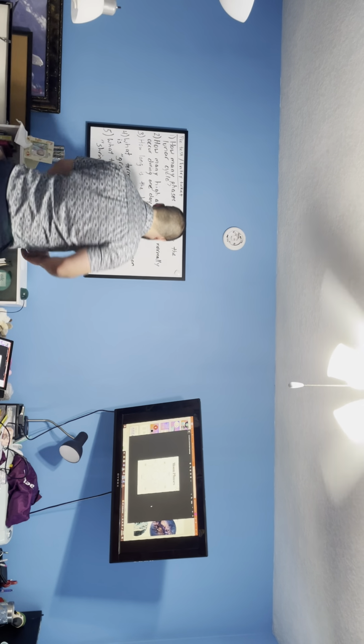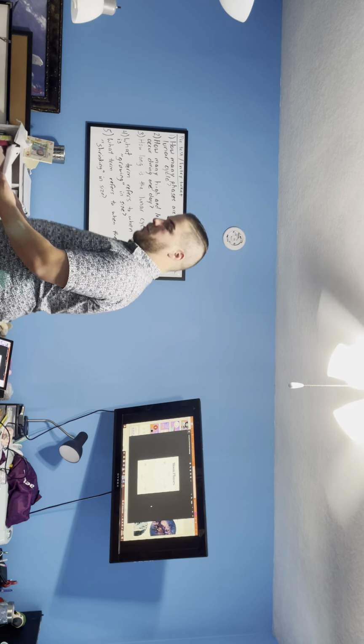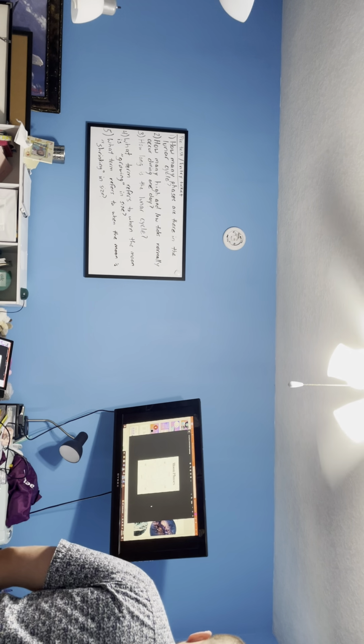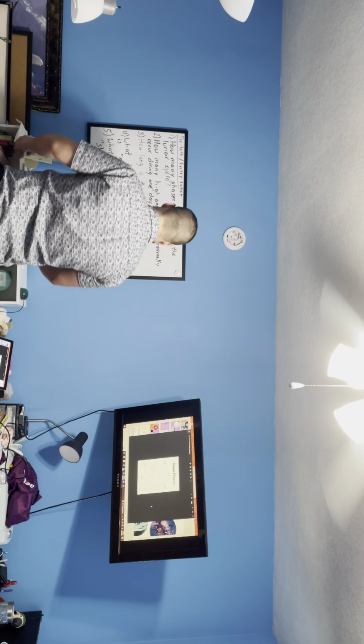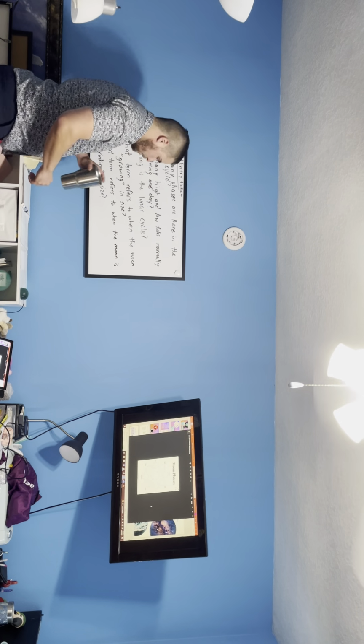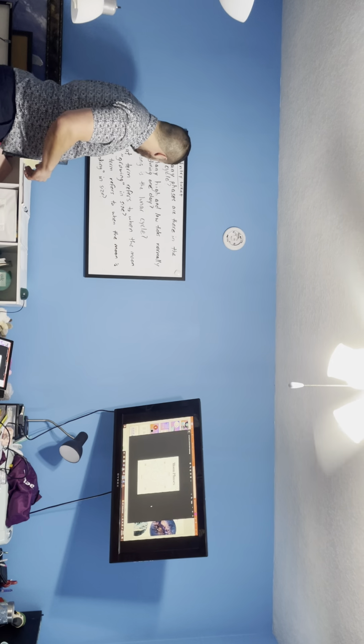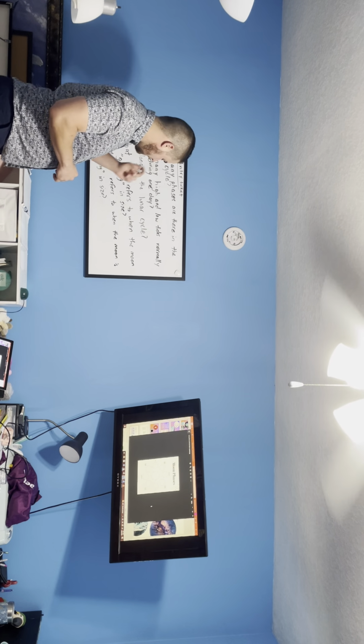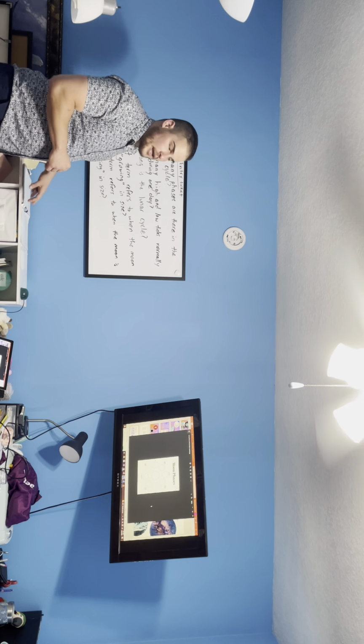So let me go ahead and collect your worksheet papers while you guys get those exit tickets done. All right, so I'll give you a little bit more time on the exit ticket, the post test, and then we're going to address our homework for tonight.